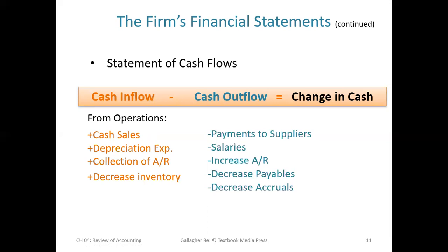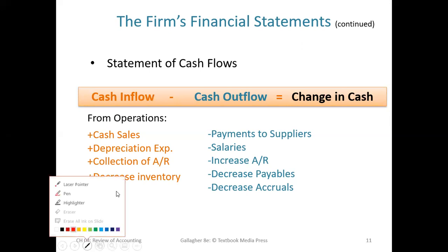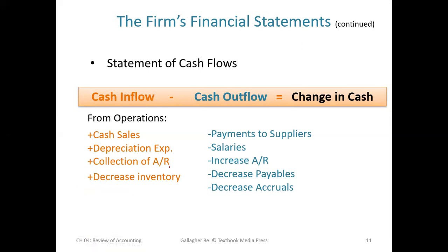The next one is collection of accounts receivable. If you collect accounts receivable, that means you will add to your cash, because the customer is going to pay you money.